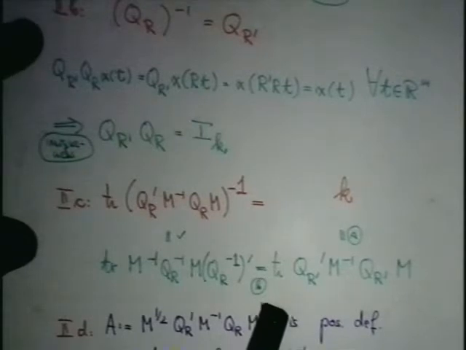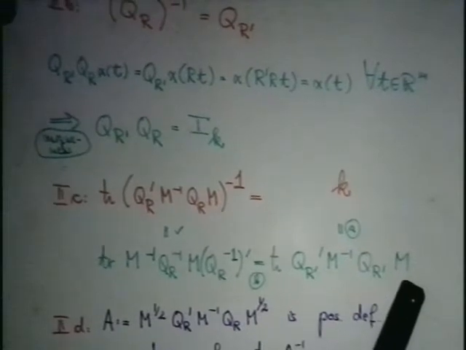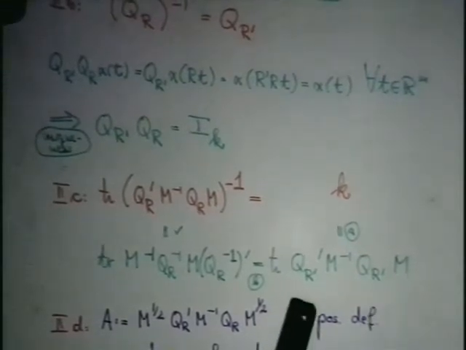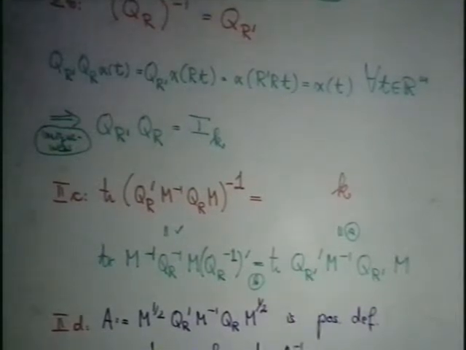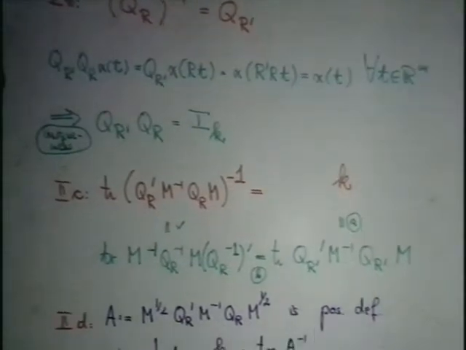By step B, we know that the inverse of the Q matrix can be written as Q of the inverse of R. So we can insert this in here. And now we see we have the same expression that we looked at in A, except that the rotation R has now been replaced by the rotation R prime. But if R is orthogonal, so is R prime. And referring to part A, we again get the same trace, which is K.